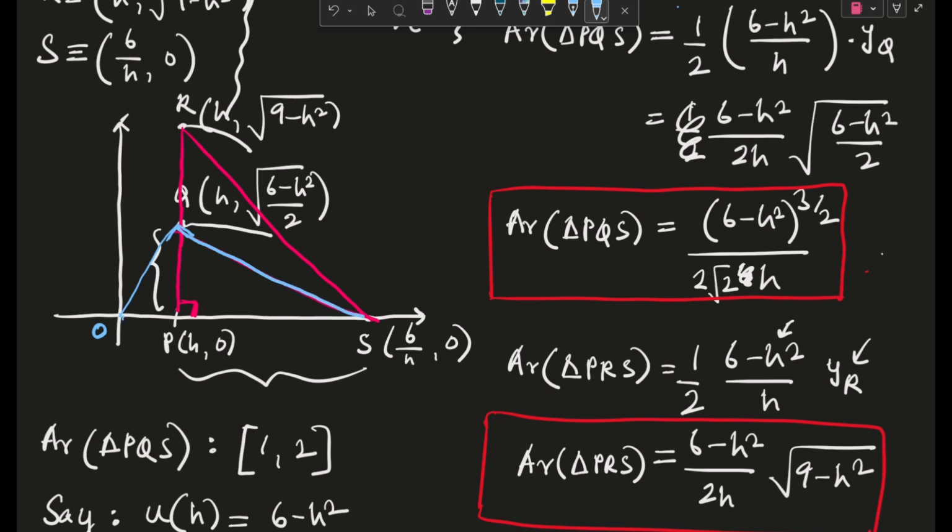This blue colored triangle is our triangle OQS, and this angle here is your angle OQS. Let's take it to be theta. They have asked whether angle OQS is constant, but we have to see what is the validity of this statement.